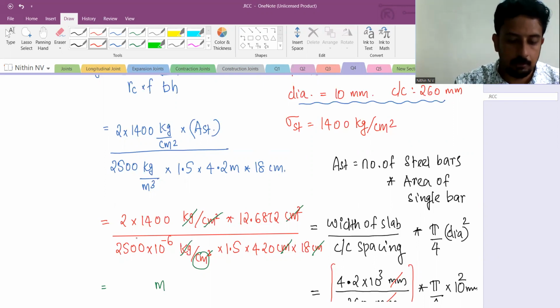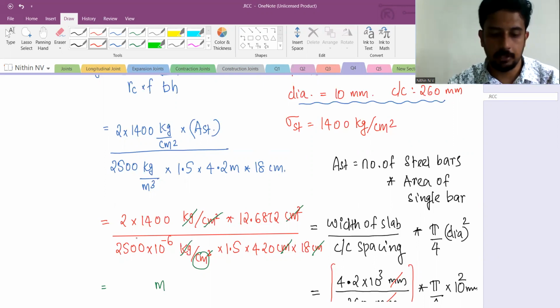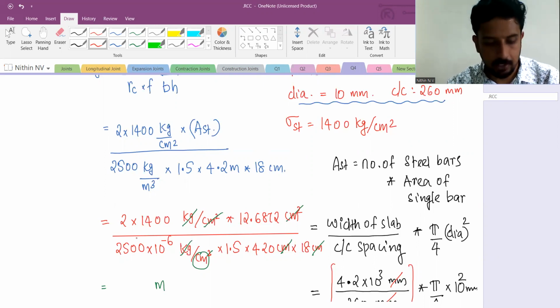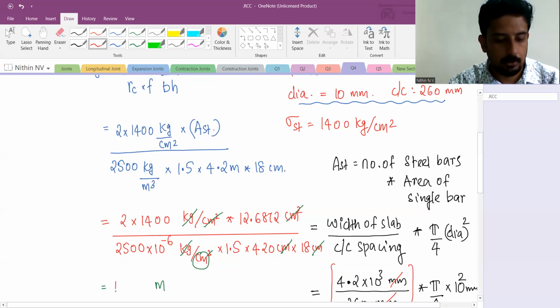That's why let me just calculate it using 2500. Okay, you're going to get 1253.04, right or not?